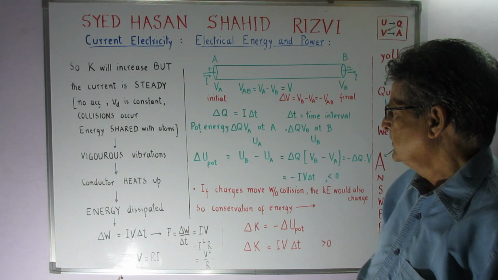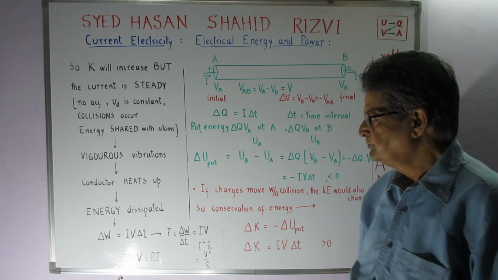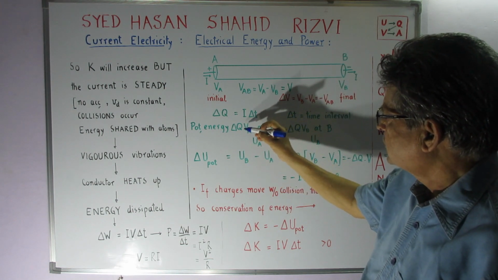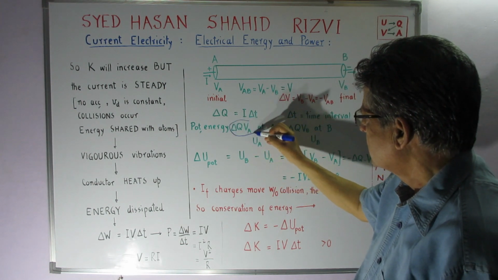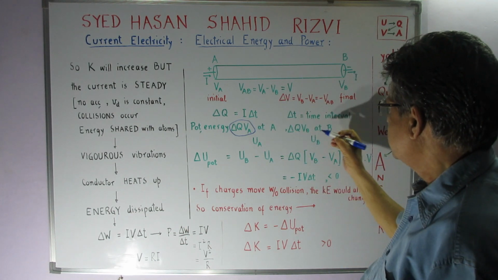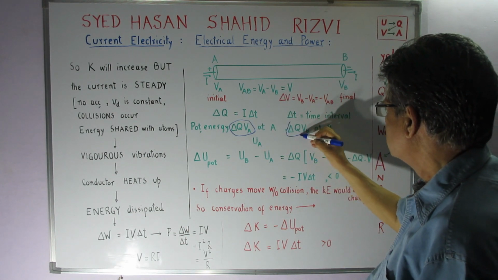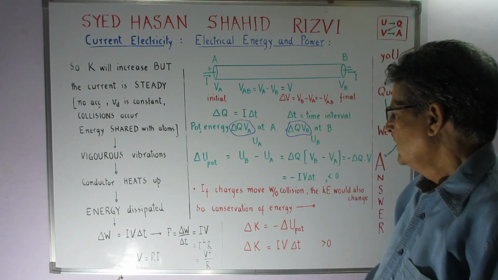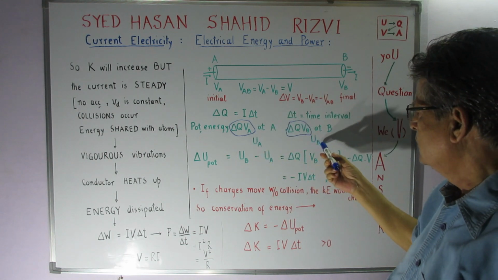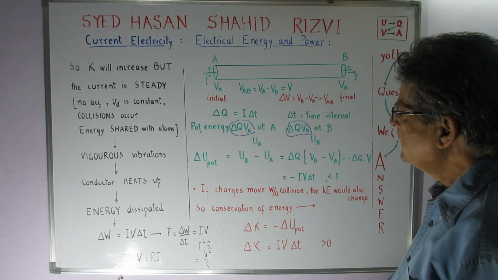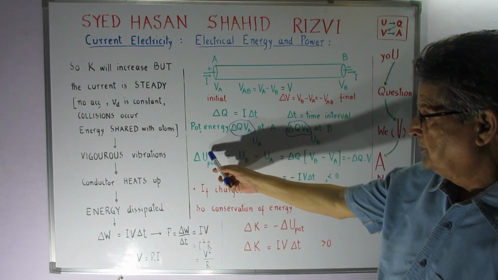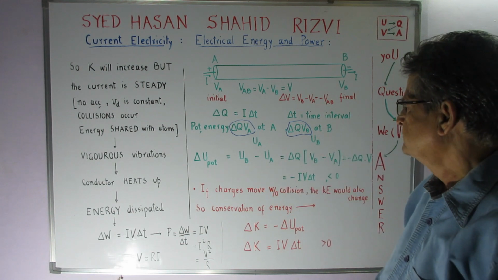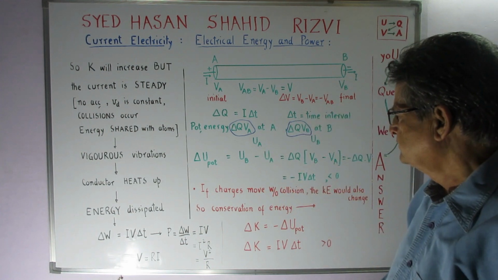So let's see. What is the potential energy at A? It is delta Q into VA. And that at B is delta Q into VB, which I give the names UA and UB. So naturally, the delta U of the potential energy will be equal to the final value minus the initial, UB minus UA.